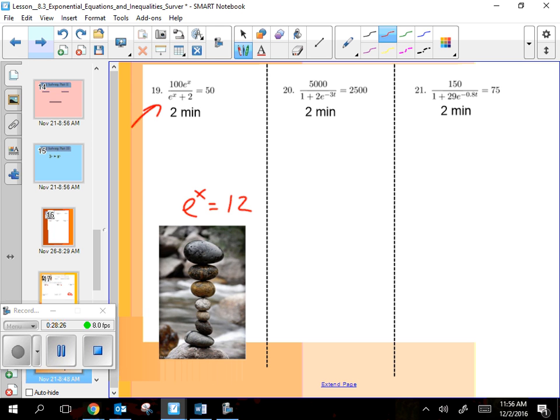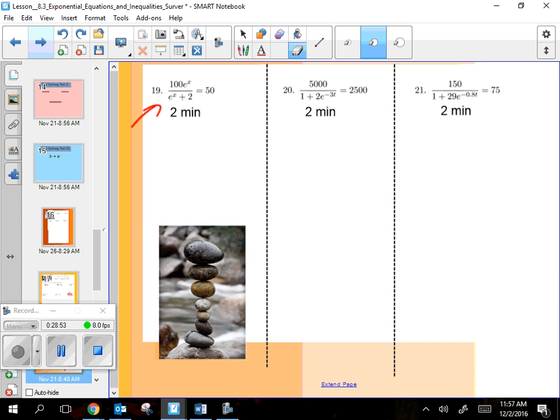Whenever you get stuck, think about a rewrite. Do you get how this one could just be rewritten? Log base what? E. See? Log base E of 12 would equal x. And x is alone, so even if you don't know what this equals, as long as the x is alone, you have solved it. So that first one's going to be kind of like that.